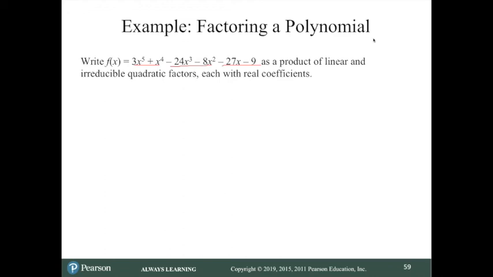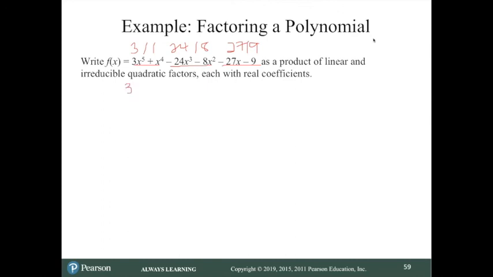Well, in order to see if it's factorable by grouping, I'm looking for my first and second coefficient. Can I pair them up so that those coefficients follow a pattern? So I saw this is 3 and this is 1, this is 24 and this is 8, this is 27 and this is 9, and those all make the same ratio.